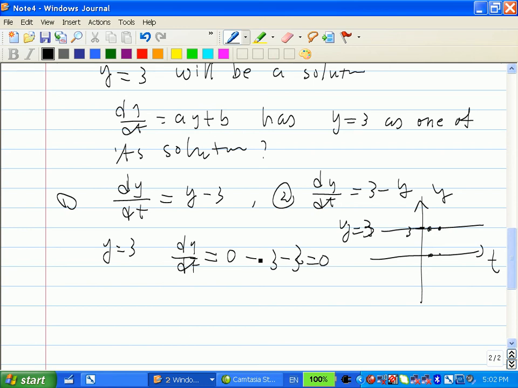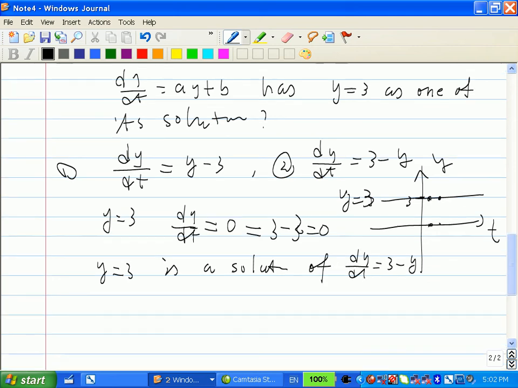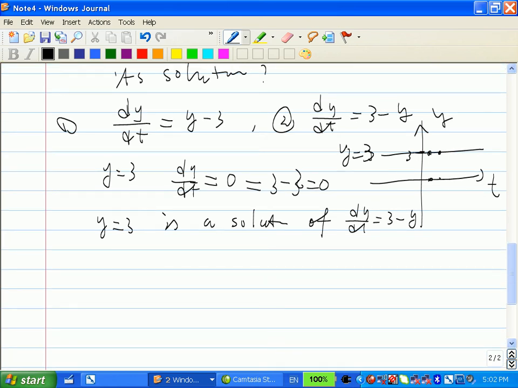So the left hand side equals the right hand side. Similarly, you can check y equal to 3 is the solution of equation 2, dy/dt equal to 3 minus y. So we got two of those. Which one is the answer for this problem?